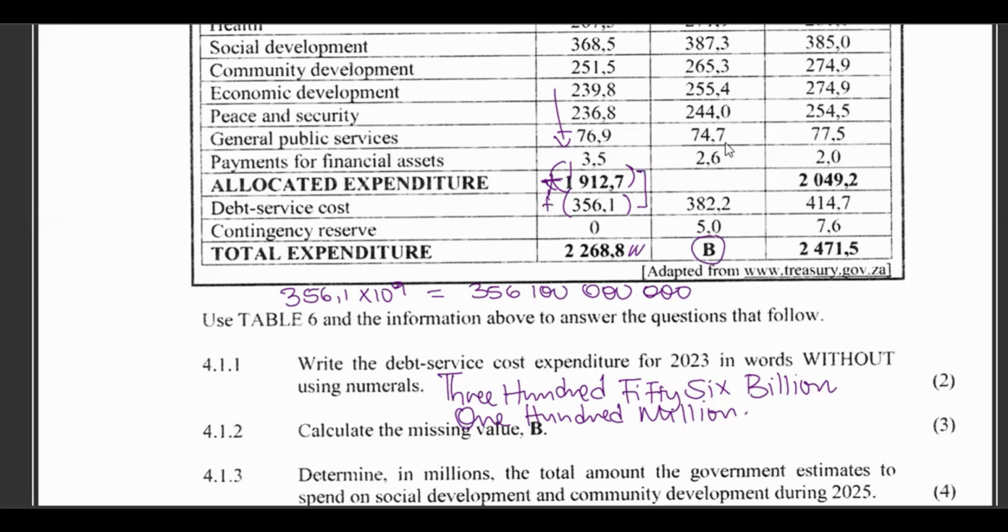So we're going to add these values up here, we get an answer here. Afterwards, we shall add these two, and we get the value of B.